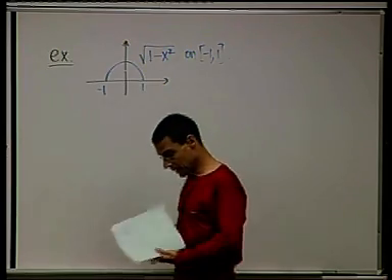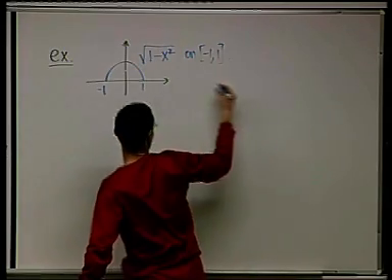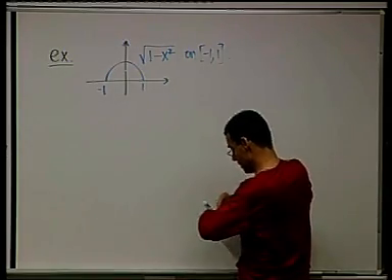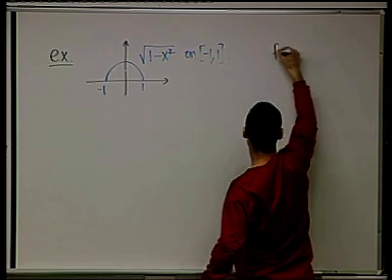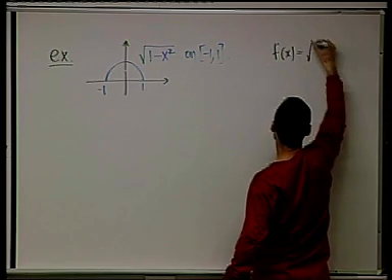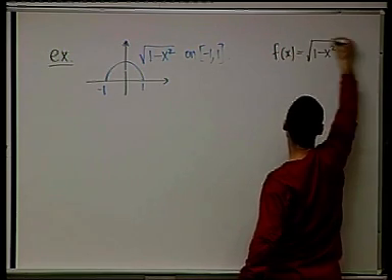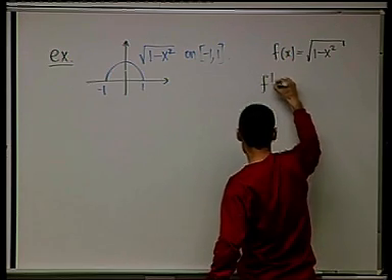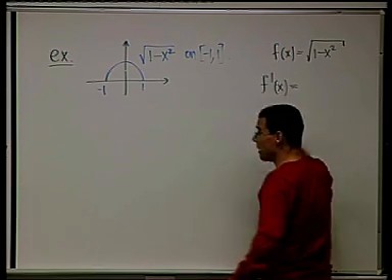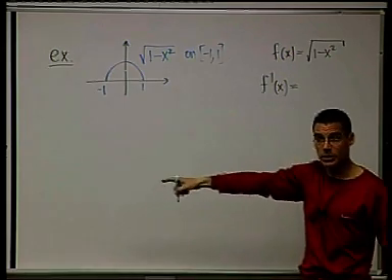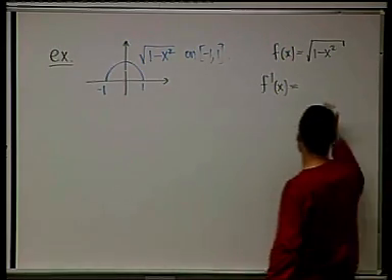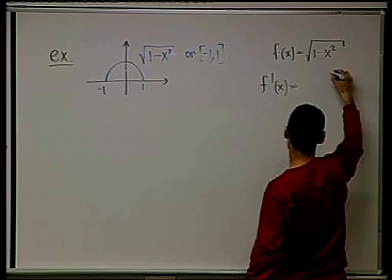Do you agree? So this is going to be our f of x. So f of x is root 1 minus x squared. F prime of x, remember, we need f prime in order to plug it into that formula. So what's f prime? The root of something is 1.